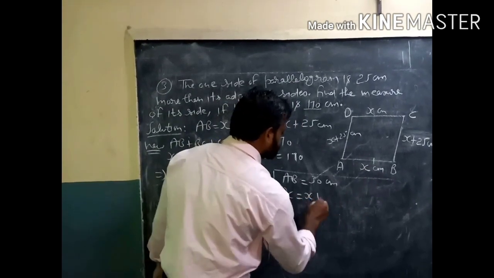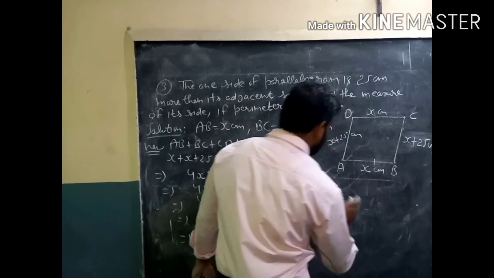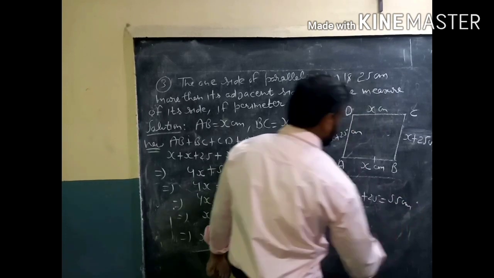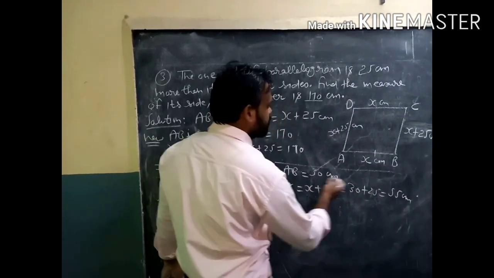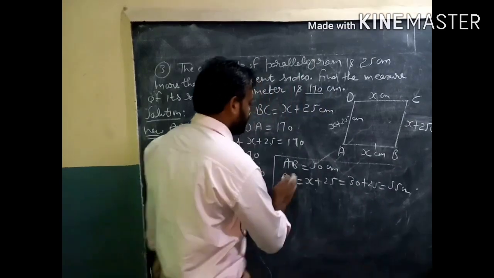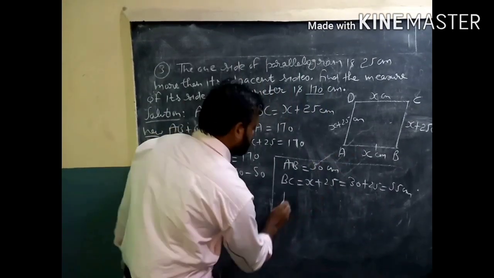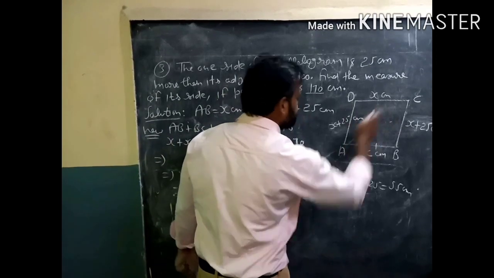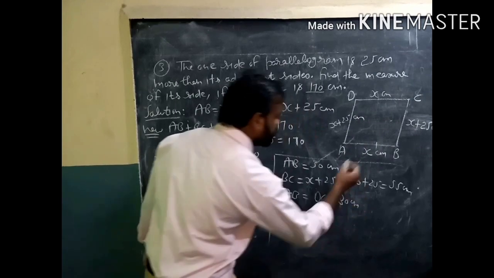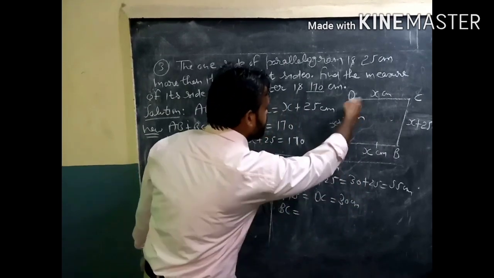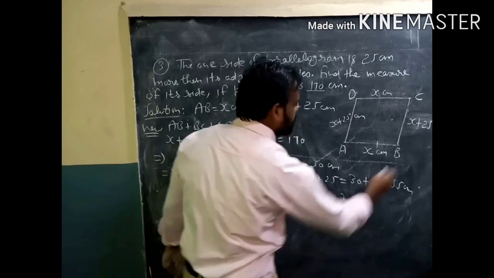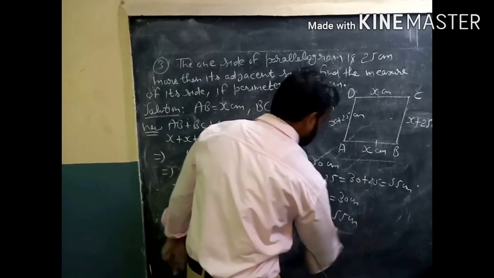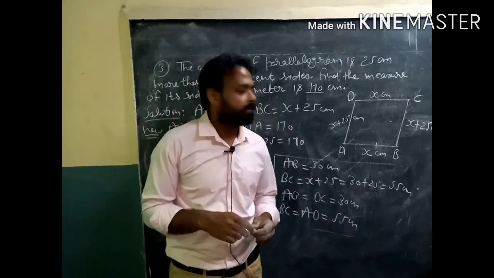Of course BC is x plus 25, and the value of x is 30, so 30 plus 25 becomes 55 centimeters. So AB is 30 centimeters, BC is 55 centimeters, and because AB is equal to DC, the value of DC is also 30 centimeters, and of course BC is equal to AD, so AD is also 55 centimeters. Like this way we can find the values.